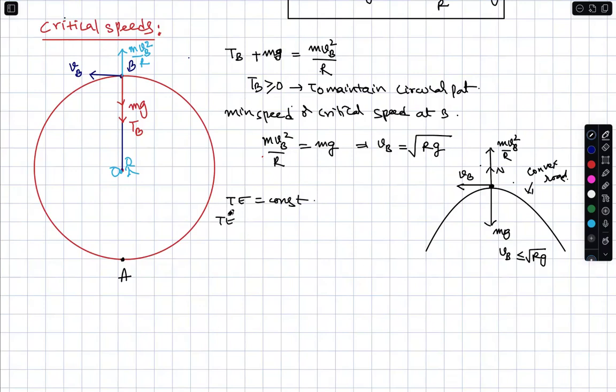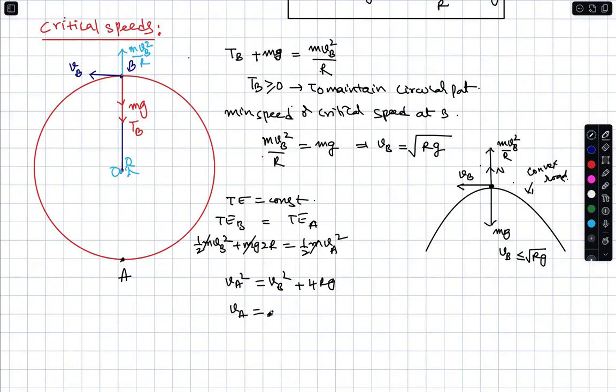So total energy at B is the same as the total energy at A. So half mVB square plus mg times 2r, since B is 2r height above A, is half m VA square. So VA square is equal to VB square plus 4RG.